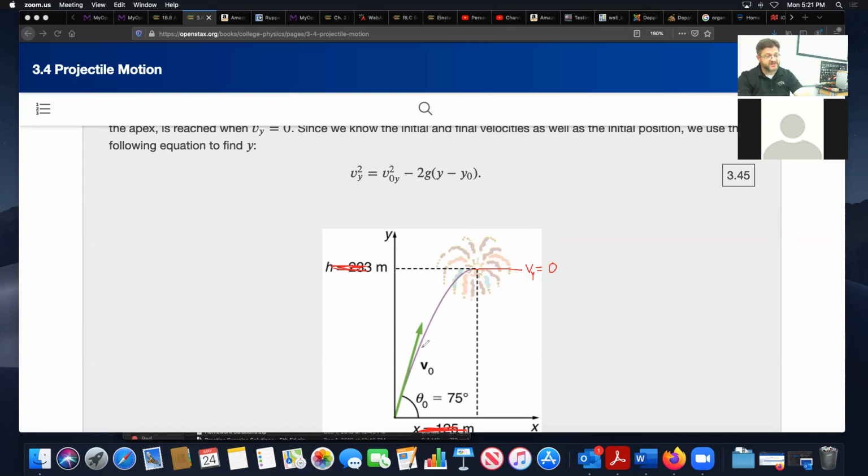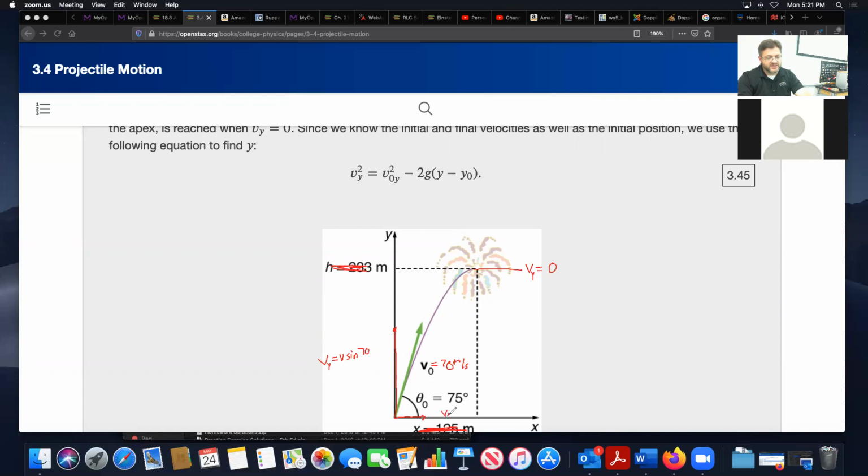We know the initial velocity is given by this vector here. The initial velocity is 70 meters per second at an angle of 75 degrees. So we need to calculate the components of this vector. We need the x component and we need the y component, right? And we can calculate those. Vy is going to equal velocity times the sine of the angle.